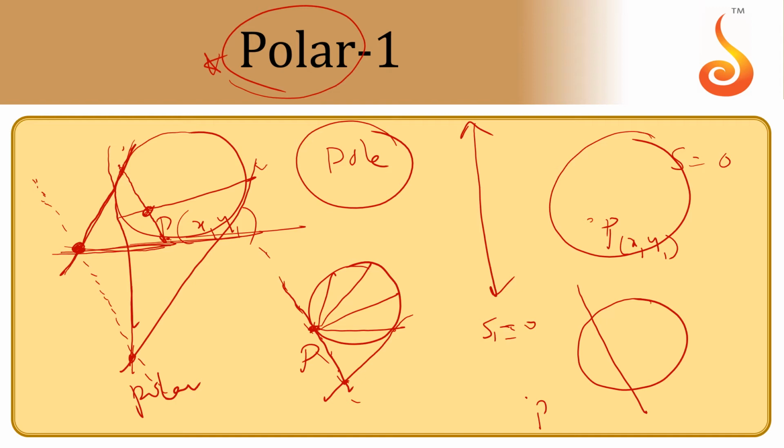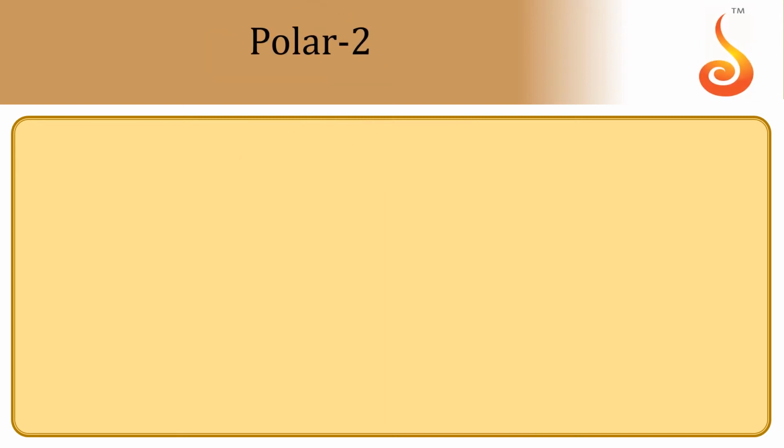Now let us discuss some properties for pole. As you already know that if P lies outside, polar is the chord of contact. If P lies on, it is chord of contact, tangent. If P lies inside, polar lies outside.